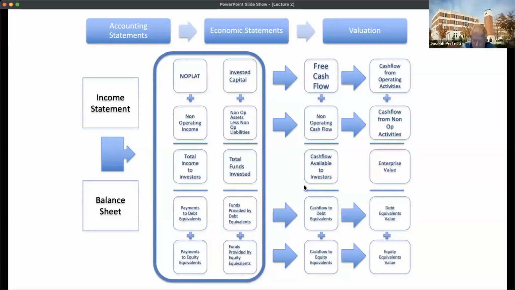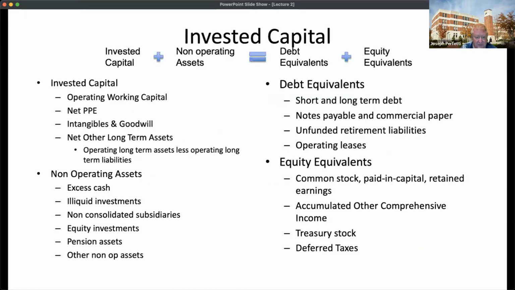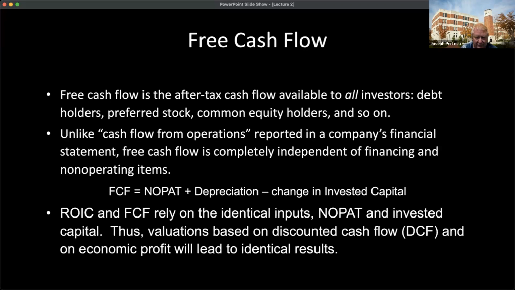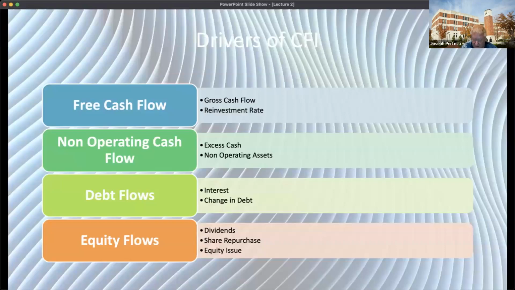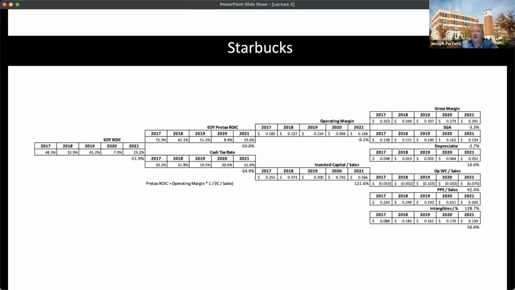So I'm going to jump to the lecture notes. We're going to start here. So this is Starbucks. I assume everybody is familiar with Starbucks. And this is a 5-year historical ROIC tree of Starbucks.